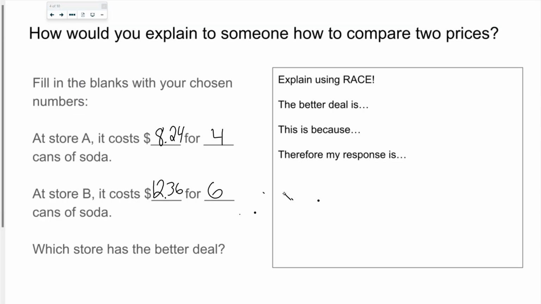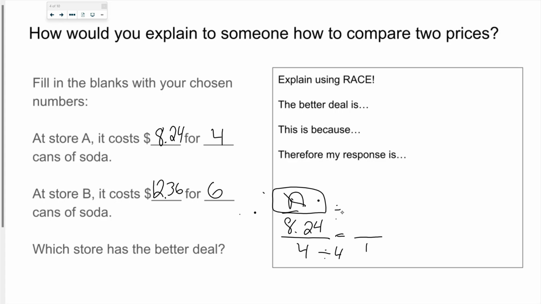Okay, so again, we know that for store A, it is $8.24 for 4 cans. So we want to find the cost of 1 can. And that means we're going to need to do what? To go from 4 cans to 1 can, that's right, we divide by 4.